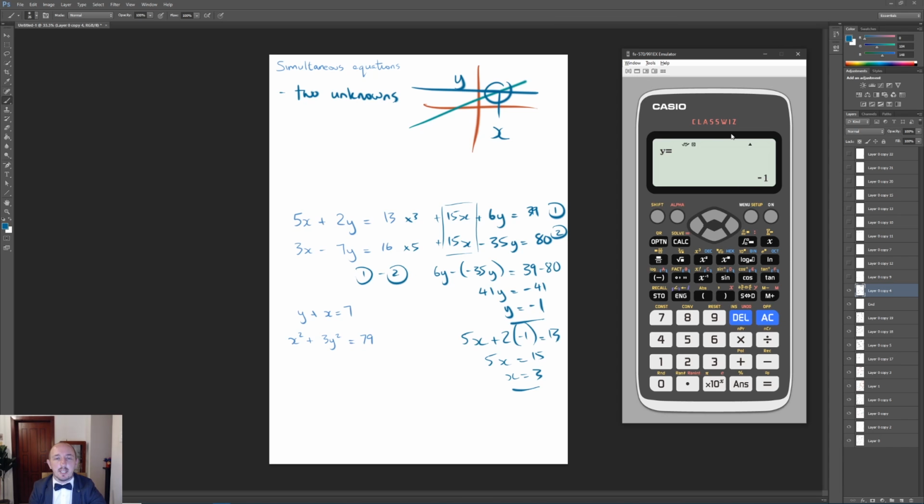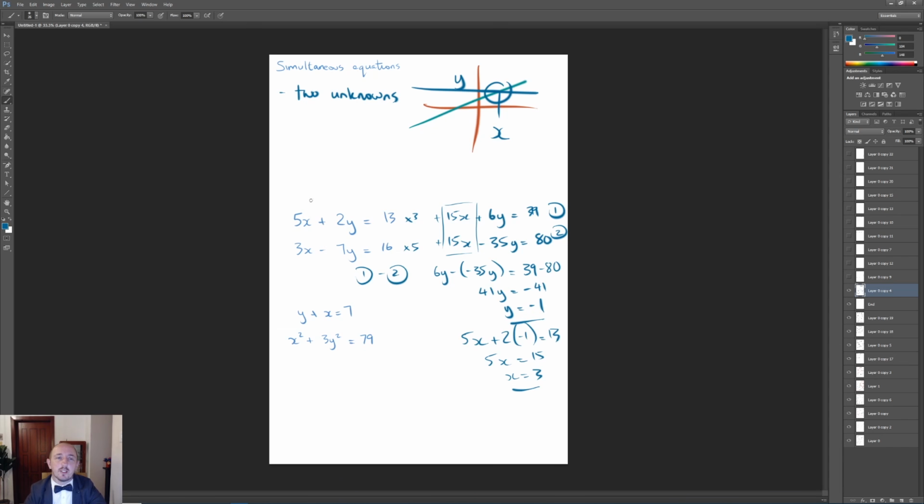So the calculator can help us as we go to the latter stages when we have series and sequences. This x, that might be an a, the y might be the d for common difference, and then we have a number. So just in your mind think, well, I'll just make sure that x is an a and a d is a y on my calculator when I check it.